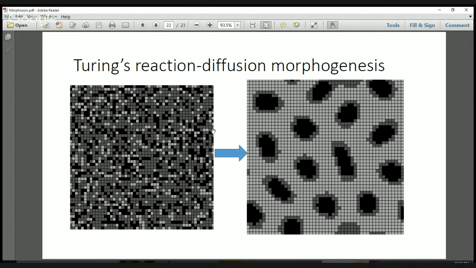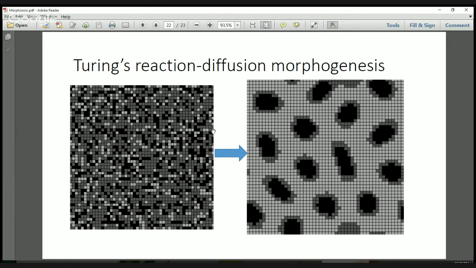Okay, lastly, we want to do Turing's reaction diffusion morphogenesis. So in a cellular automaton, what we're going to do is kind of discretely map a bunch of values to cells randomly.